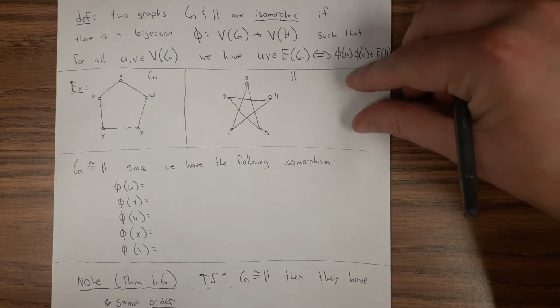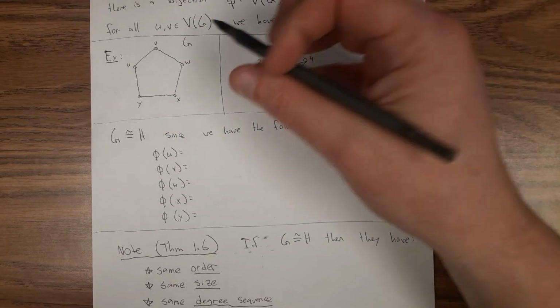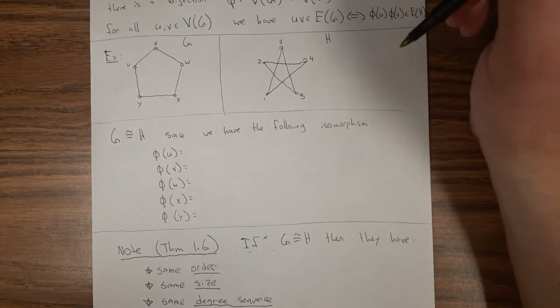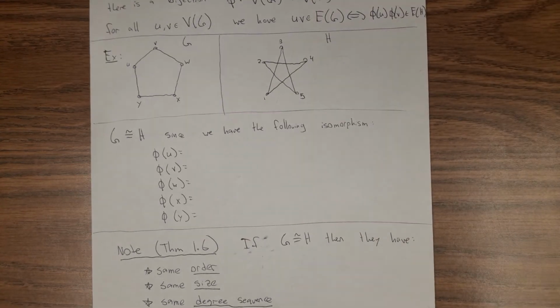For example, these two graphs are isomorphic. And maybe I should explain more intuitively. Graphs are isomorphic if, roughly speaking, they're just two different ways of drawing the same shape.